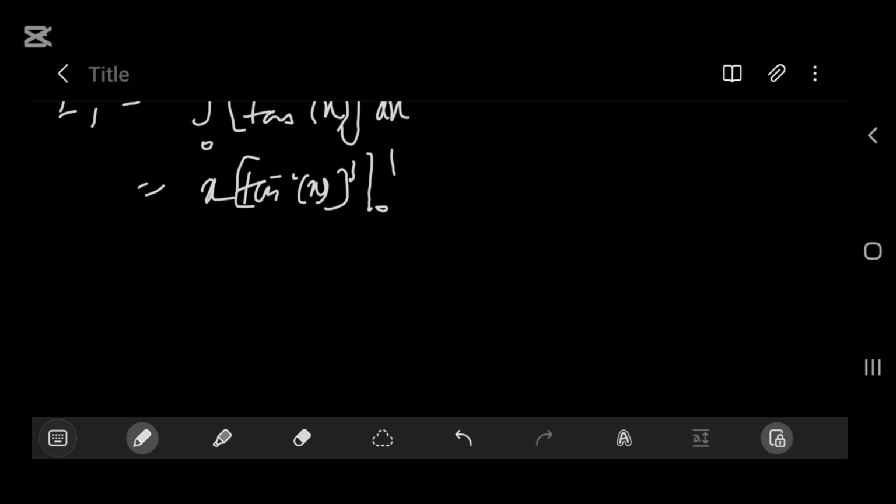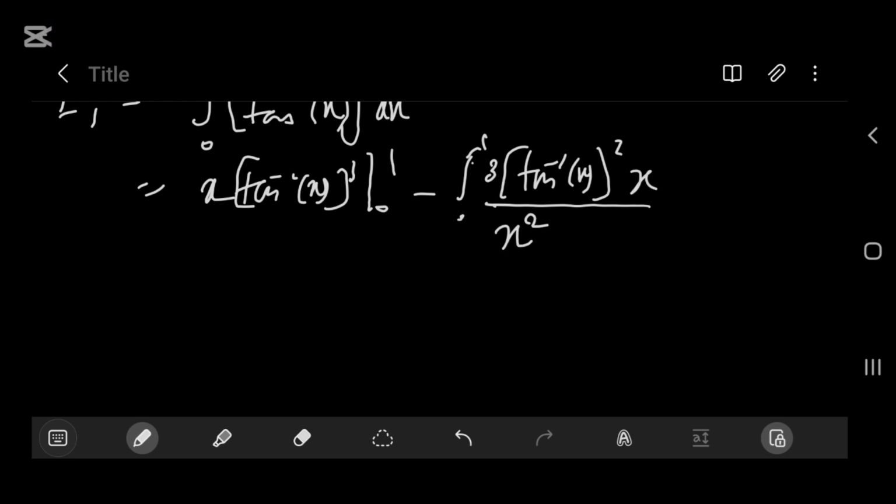Now what do we have here? It's actually the integral from 0 to 1 of 3 arctan of x squared times x over x squared plus 1 dx. Plugging in these values for this one, we'll finally be left with pi cubed over 64.